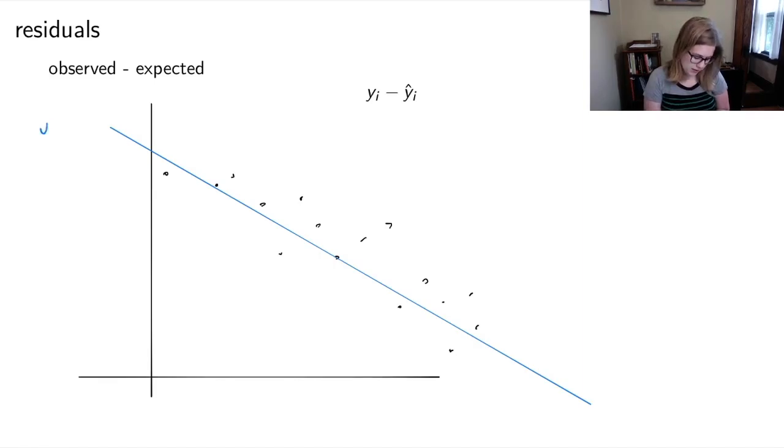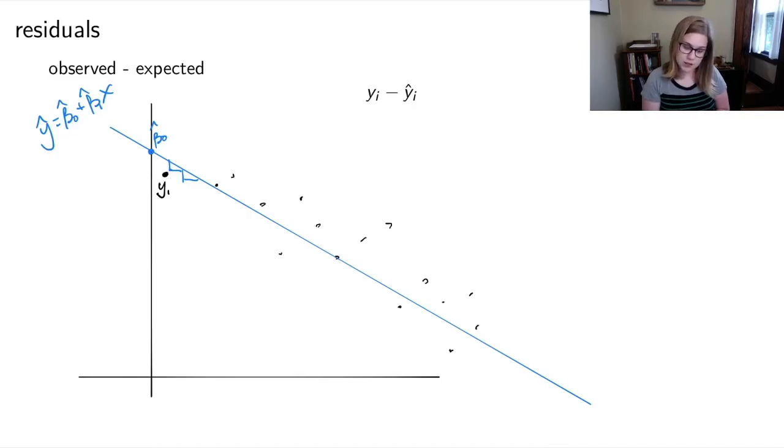So this would be the y hat is equal to beta 0 hat plus beta 1 hat x, where the intercept is beta 0 hat, and then the slope is going to be that beta 1 hat. So then if we are thinking about a particular point, like if I go look at this point that I just darkened in, let's call that y sub 1. Then I can think about the residual, which is the difference between the y sub 1 and the model prediction.